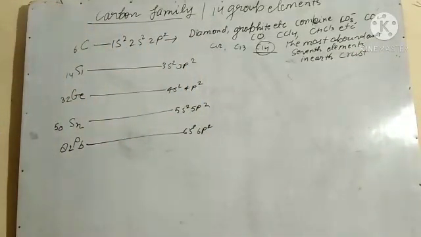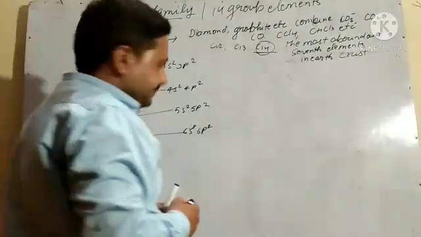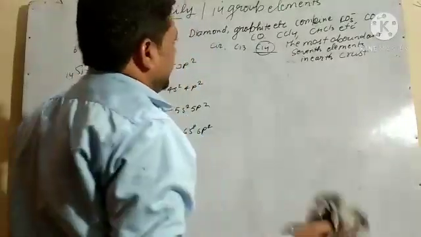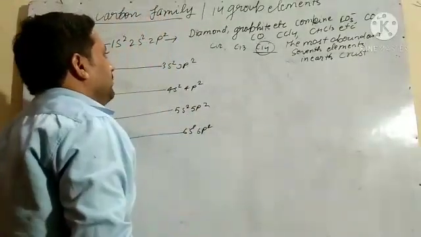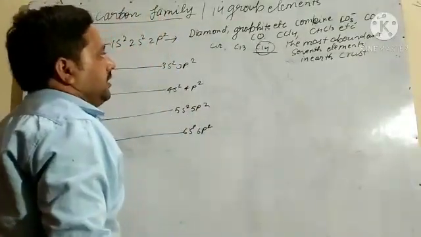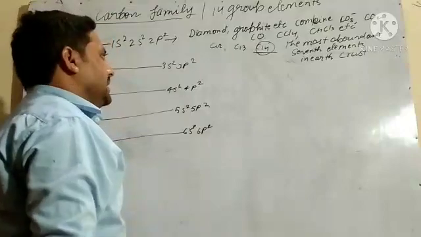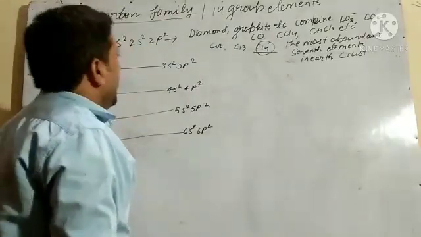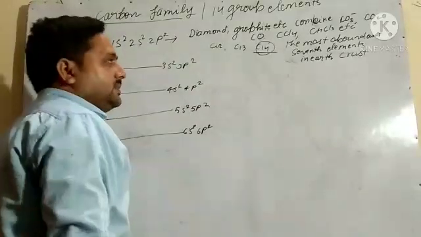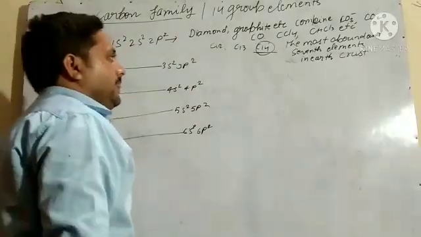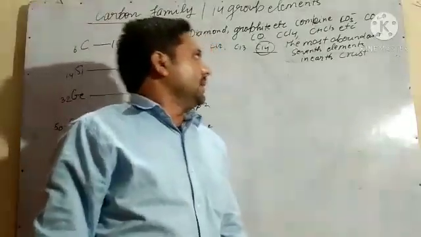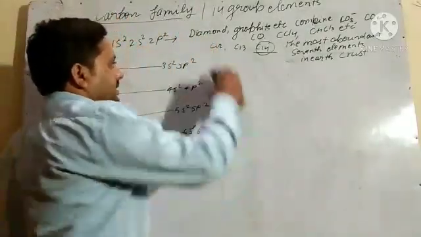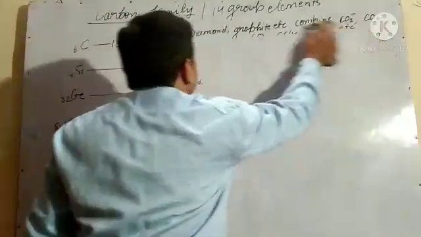I think that is visible, so you can see this. Diamond, graphite, etc. are the free forms. In the combined state it forms carbonates, and there are many. It has 3 isotopes: carbon 12, carbon 13 and carbon 14. Carbon 14 is used for carbon dating. And it is the 7th most abundant element in the earth crust. Okay students.